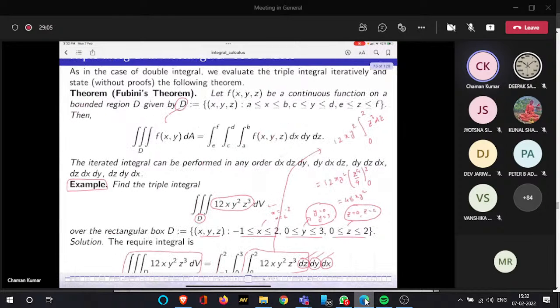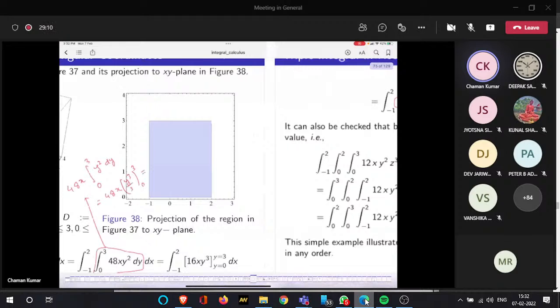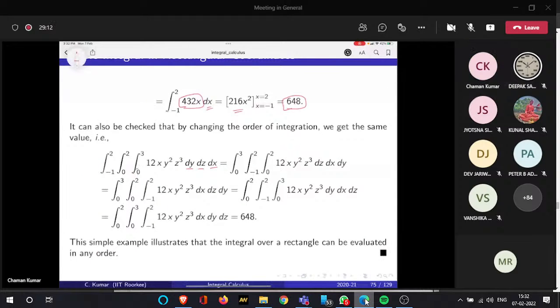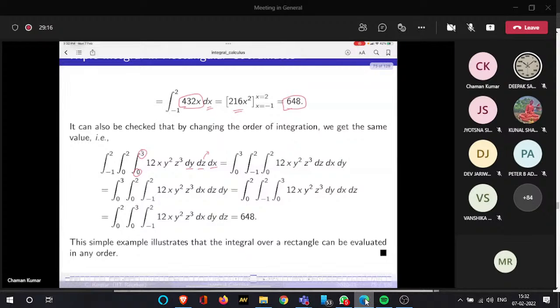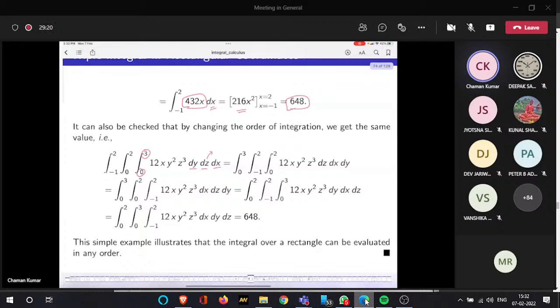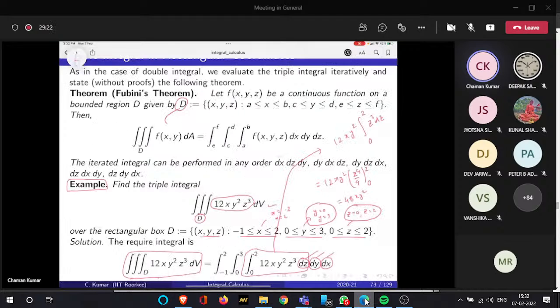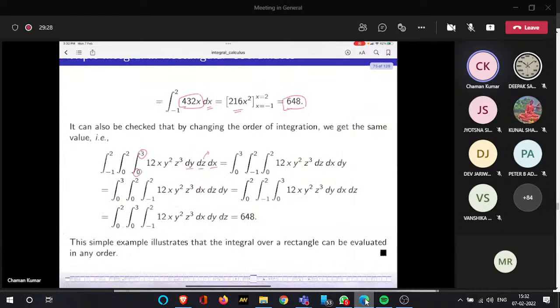The limit of y is 0 to 3. So you write the first integral from 0 to 3. Then you have the variable z. So the limit of z is 0 to 2. So you write 0 to 2 here.